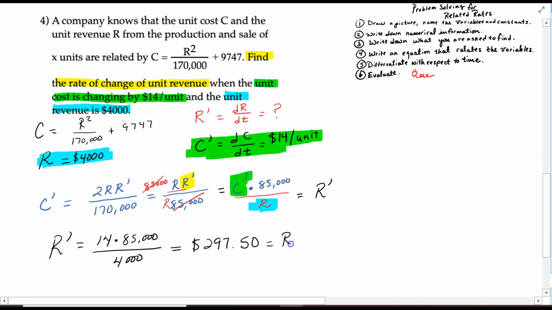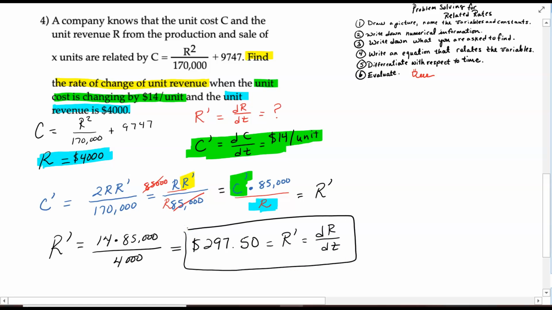So this is your r prime, or your dr dt, if you will. But what is that? That right there is the rate of change of the revenue. So as the cost is changing, this is the rate of change of revenue.